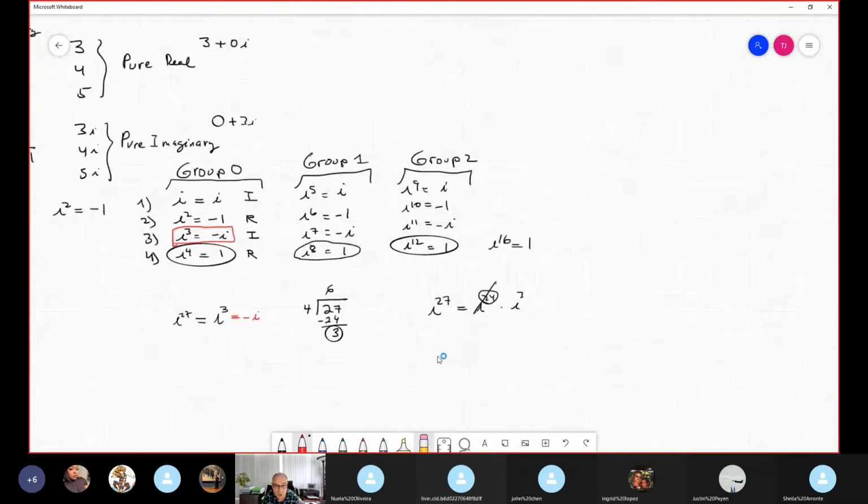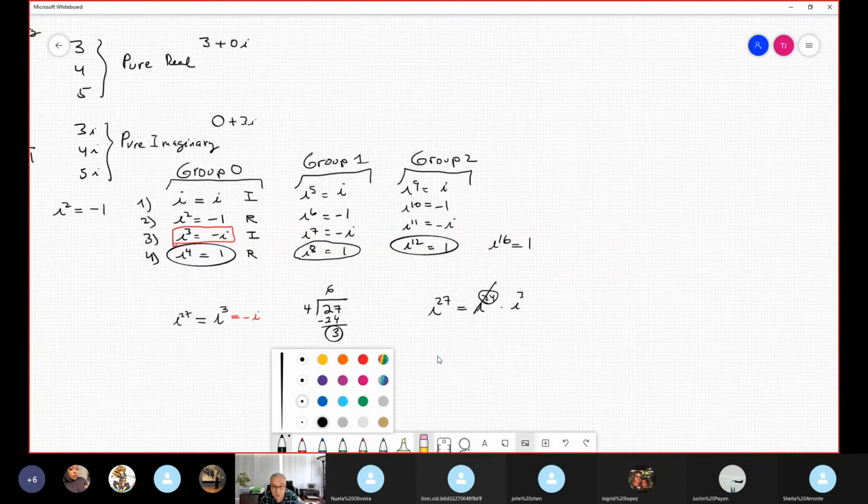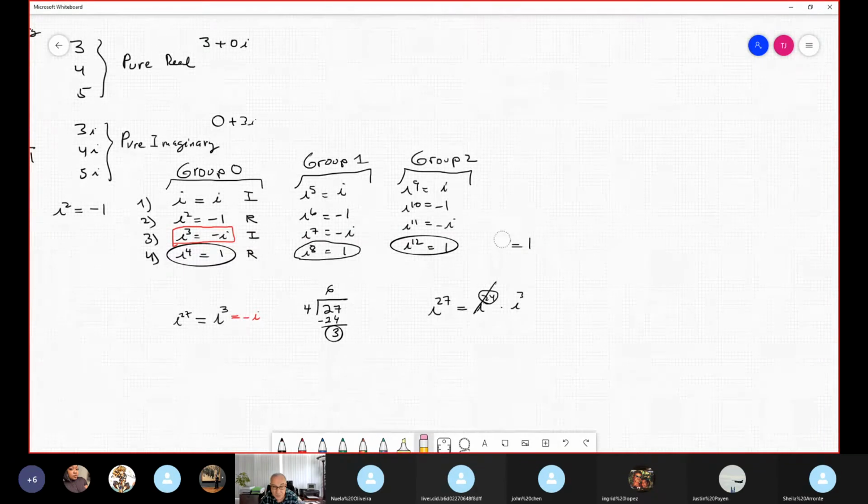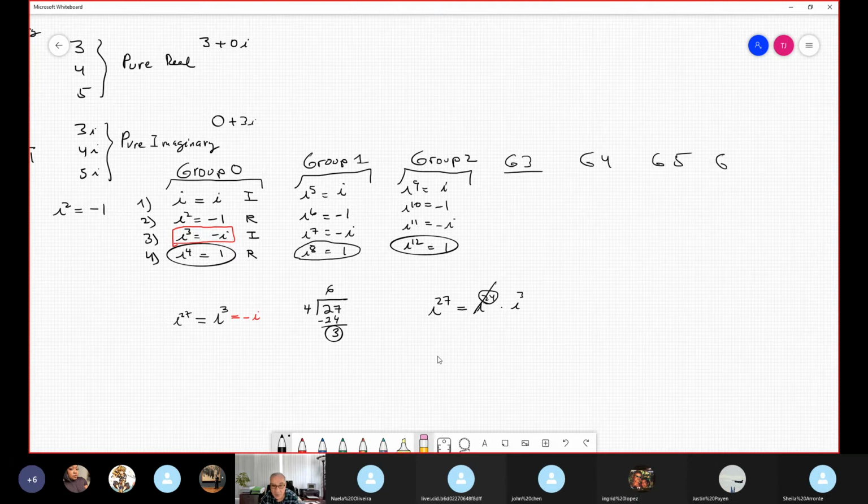Let me try to continue. Suppose I am doing it like a stupid guy. We continue, for example, here. Group 3, group 4, group 5, and group 6, which is exactly the group that 27 belongs to. Well, this is i to the 16, no?